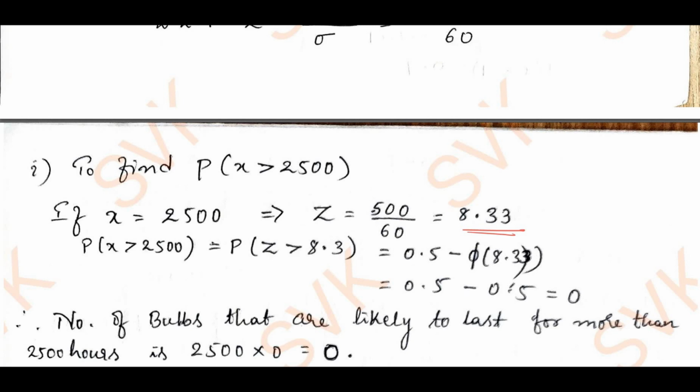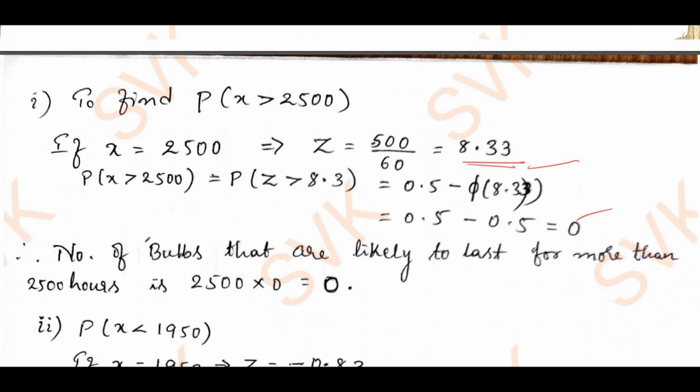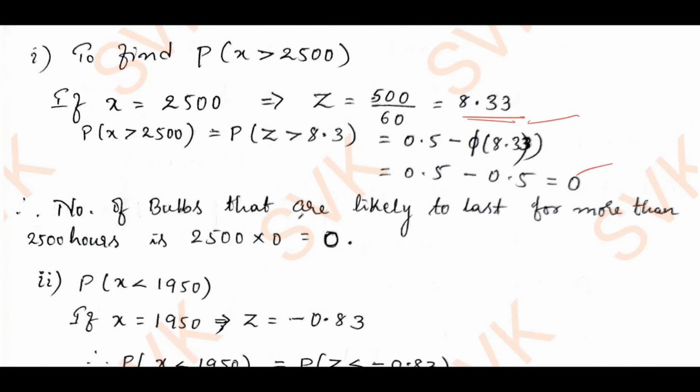This value is given, so you can make use of that value, which is 0.5. 0.5 minus 0.5 will be equal to 0. Therefore, the number of bulbs that are likely to last for more than 2500 hours is 2500 into 0, which is equal to 0.